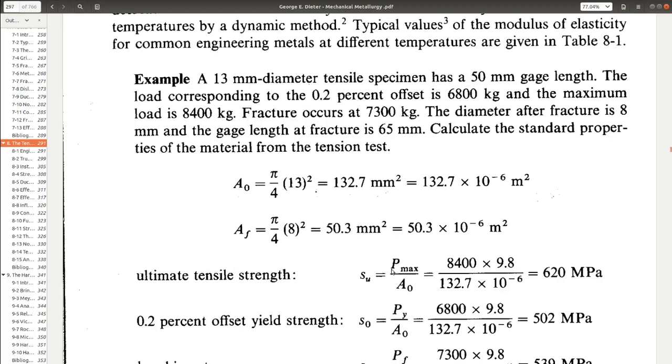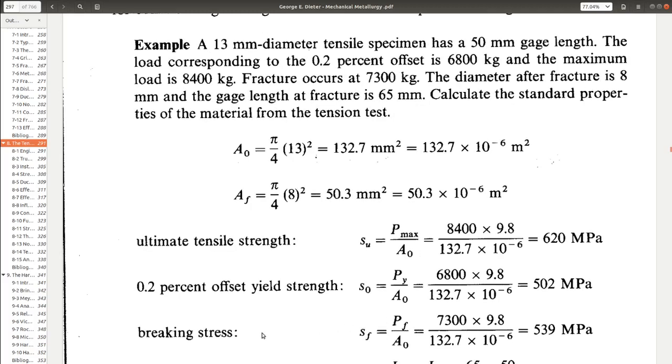Ultimate tensile strength is P max by A naught, and we know the P max. So from this we have obtained SU. And then yield strength. For yield strength we need to use P divided by this cross section area. So that's how we have obtained this one. And then the breaking stress or fracture stress, which is denoted as SF, for which we use PF, which we could obtain from this data.